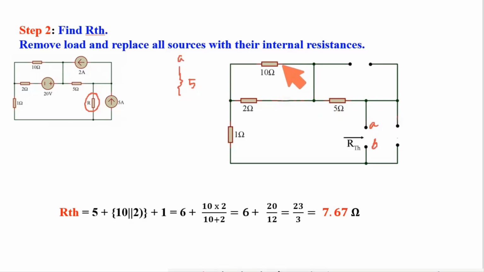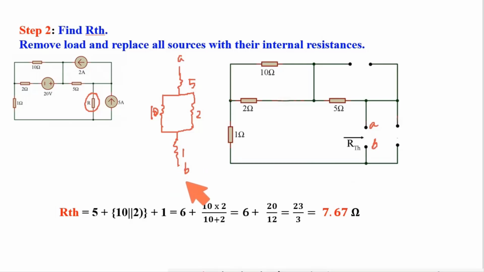Next two paths, 10 ohm and 2 ohm. This meets at a particular point. From here 1 ohm, and ultimately I got B.